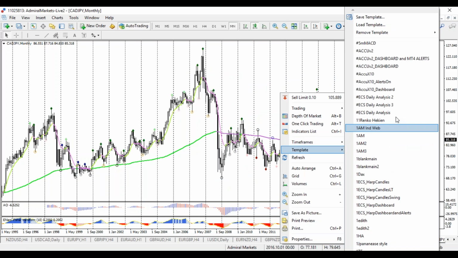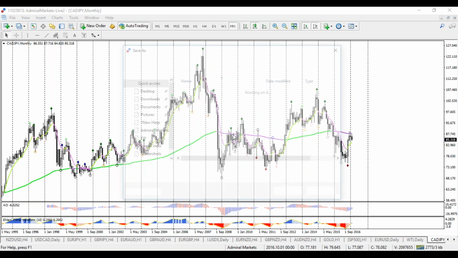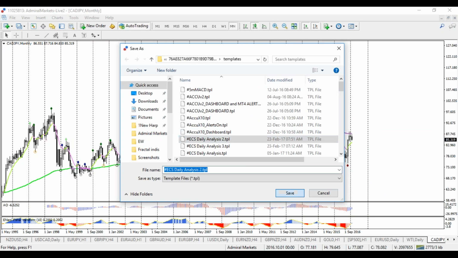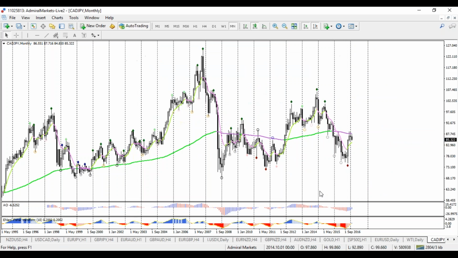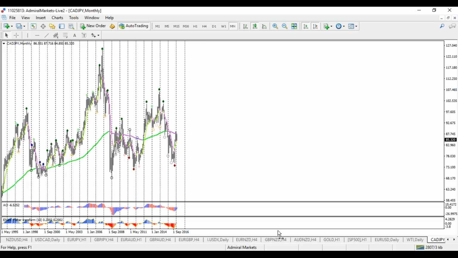I'm going to quickly save this. All right, so monthly charts. CAD yen, Canadian dollar versus Japanese yen.